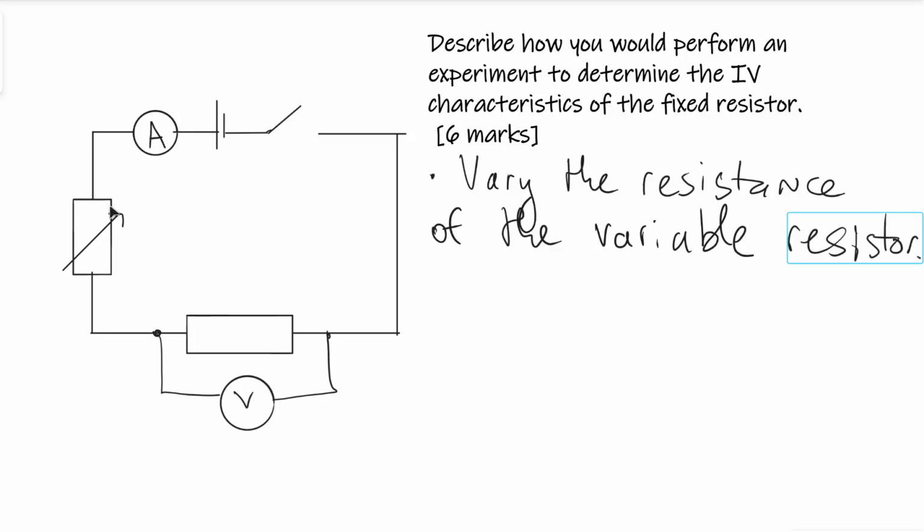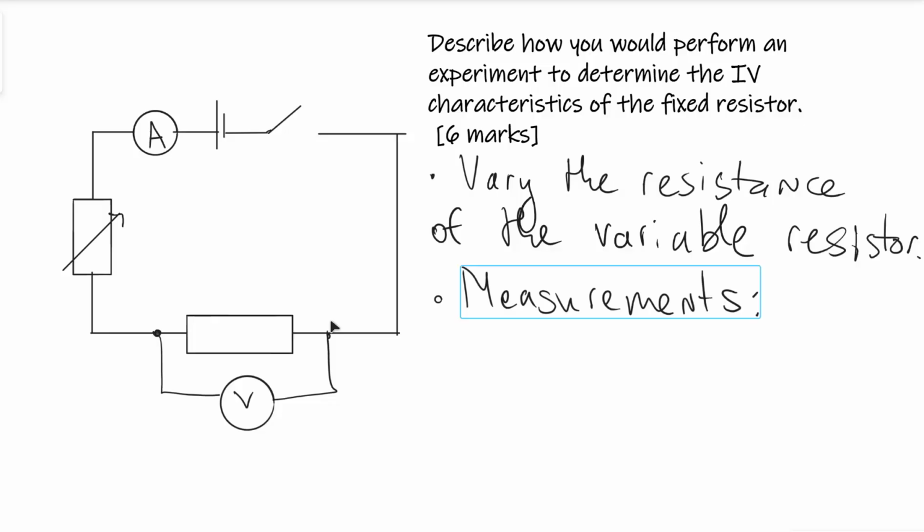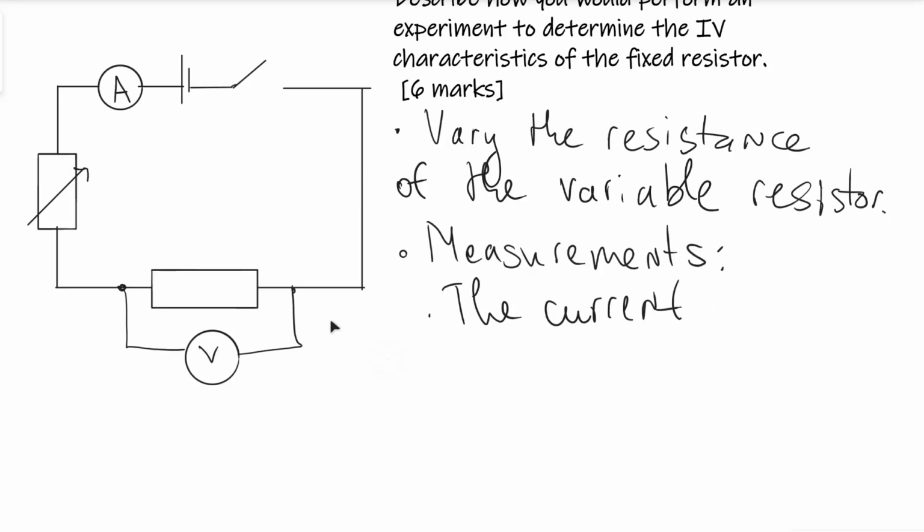After we have something to vary, what we'll need to do is measure some things. Now in this case, because we want to measure the IV characteristics, we're going to measure the current and the voltage. So we're going to have a list of measurements, and for that we're just going to include the current. A really important point is to always include the device that you're going to be measuring with.